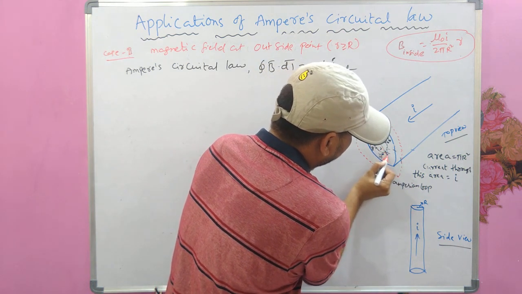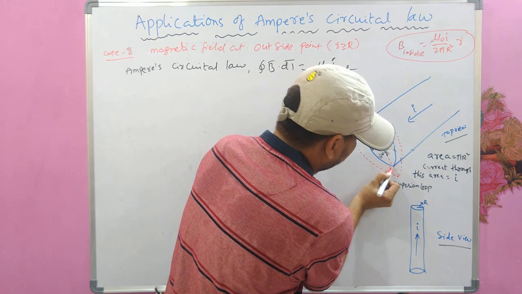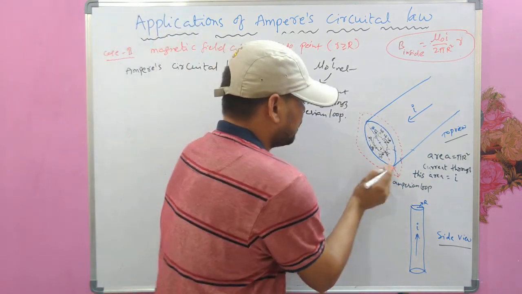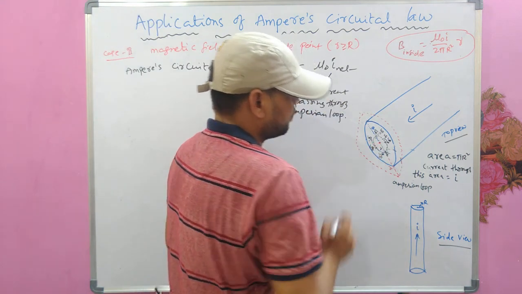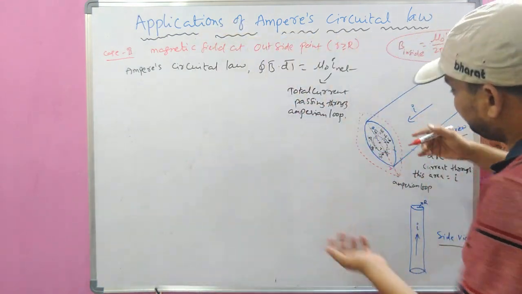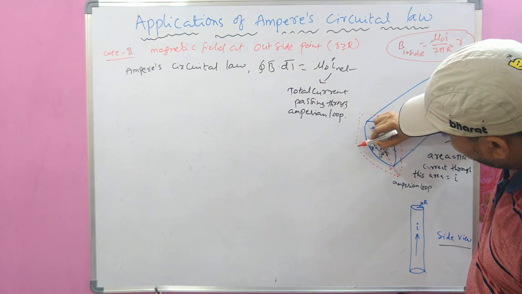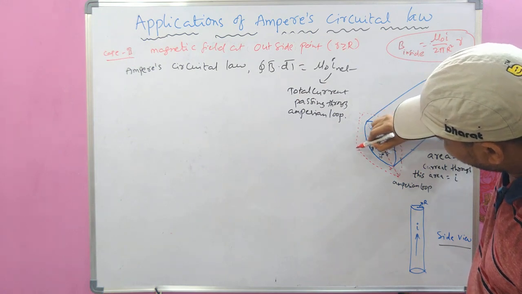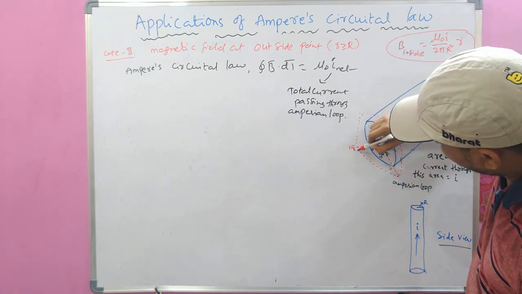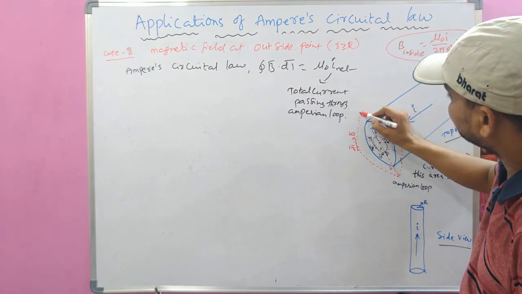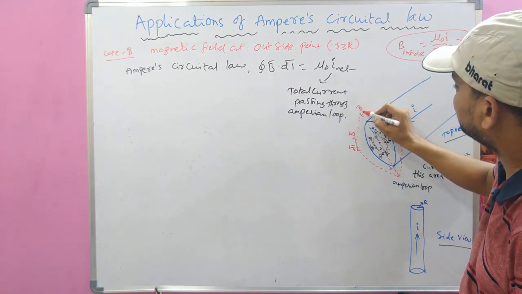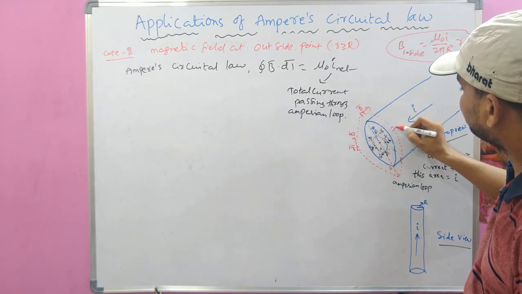Now the radius I have taken is small r, which is greater than R, from this center. So the same things will apply. B is constant everywhere, and parallel to dl, same as discussed for the previous case.